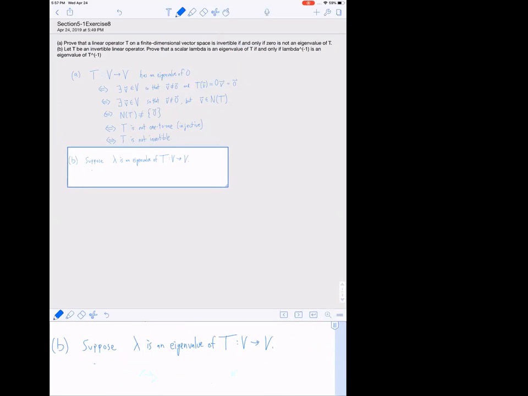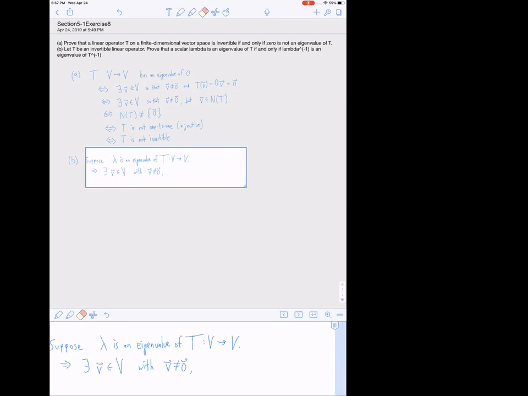Then this means that there exists an eigenvector v in the vector space with v not the 0 vector, and T applied to v is the same vector, only scaled by that scalar lambda.